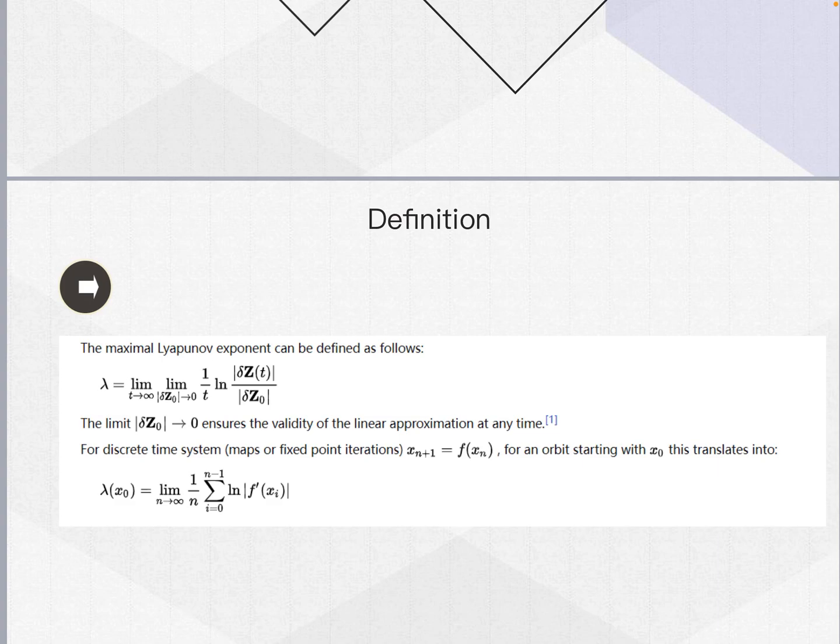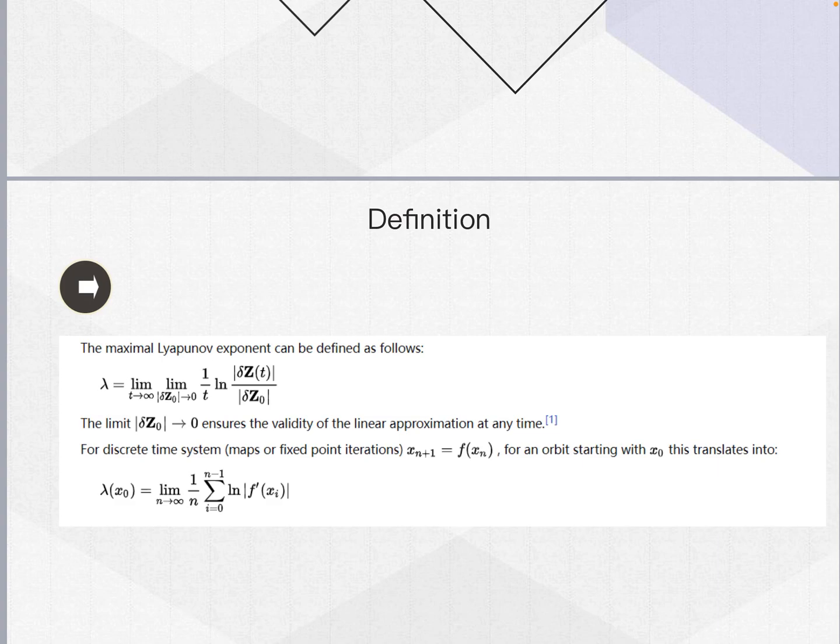It's common to refer to the largest one as the maximum exponent, because it determines a notion of predictability of a dynamical system, which can then be called chaotic.